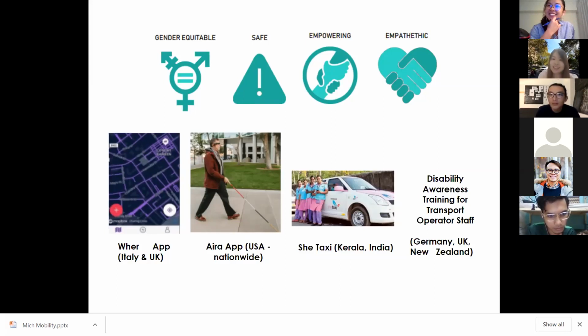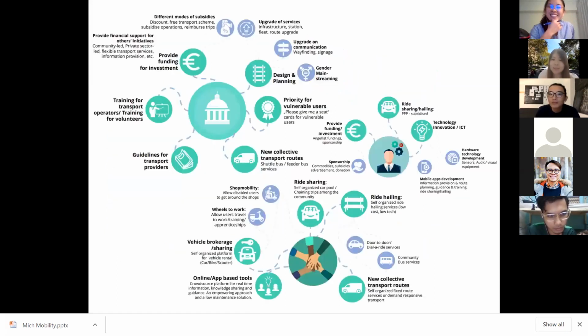Okay. Yeah. So as I mentioned just now, the purpose of this report is to help decision makers with decision making. But not all the decision makers are from the public sector.